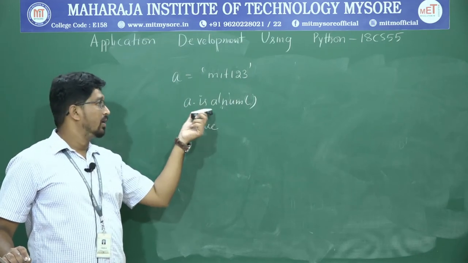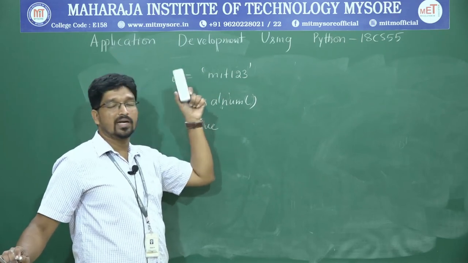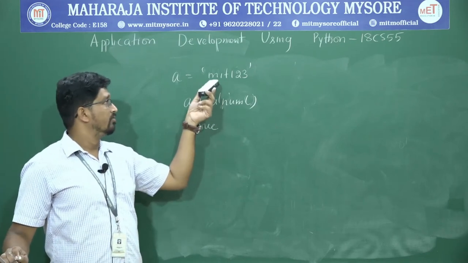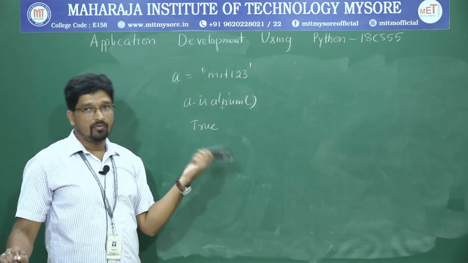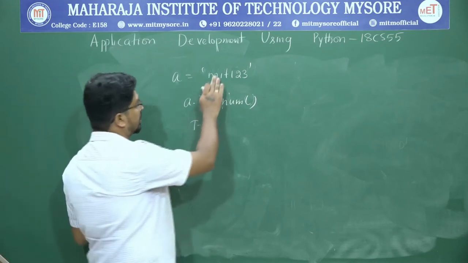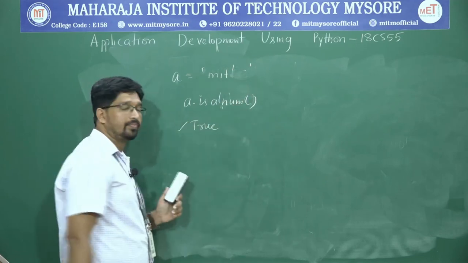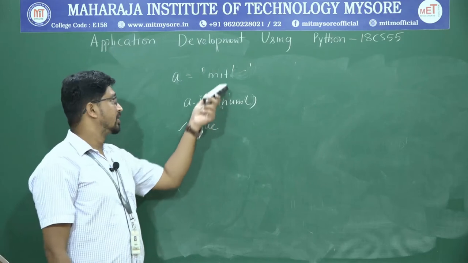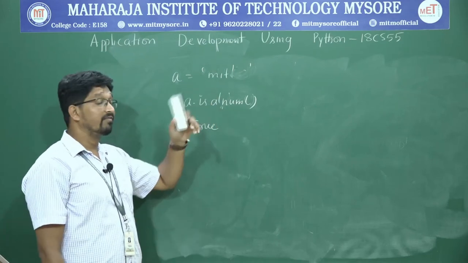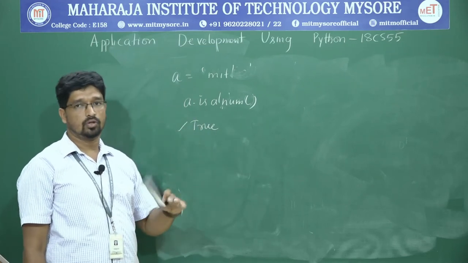There is no condition that it should contain both alphabets and numbers. So is alpha numeric says whether it contains alphabets or numerics or both. If you check just MIT with is alpha numeric, you will get true as a result. There is no number, still it is getting a true result. As I said, it checks whether it has alphabets or numerics, or both.